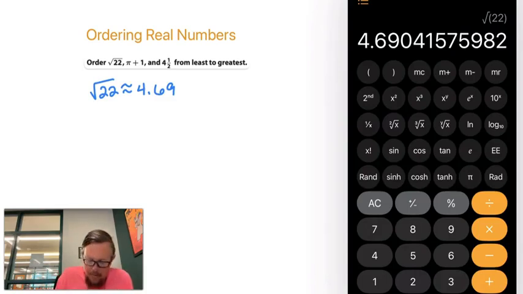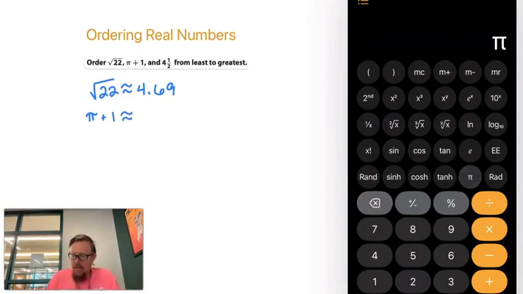Okay, next we're going to do pi plus 1. This is going to be an irrational number, so I'm also going to have to round this one. If you're using a different calculator than me, like a TI graphing calculator, it also has a pi button on it.